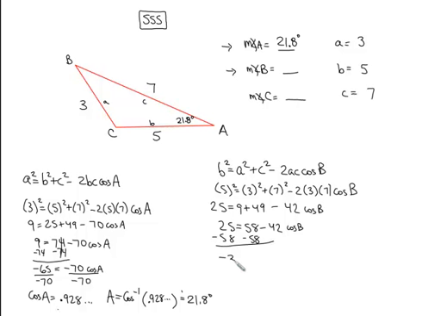So negative 33 equals negative 42 cosine of B. So cosine of B is equal to negative 33 over negative 42.